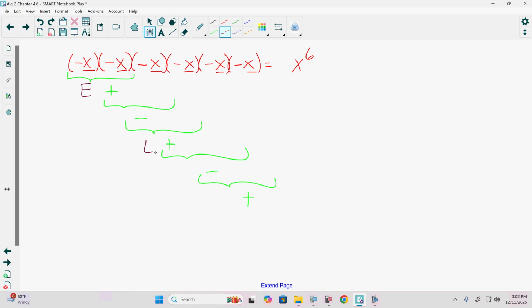So each time we multiplied this negative by itself an even number of times, it became what? Positive, yes? And each time we multiplied it by itself an odd number of times, it became what? Negative, yes? Okay.